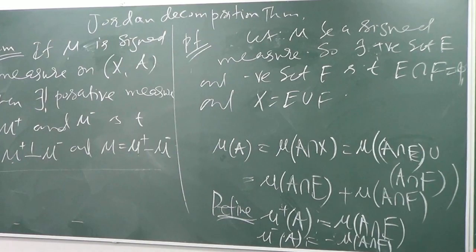So let's take any abstract A from the sigma-algebra A, and let's compute the mu plus of A. Can I say that the mu plus of A is same as mu plus of A intersection F prime?